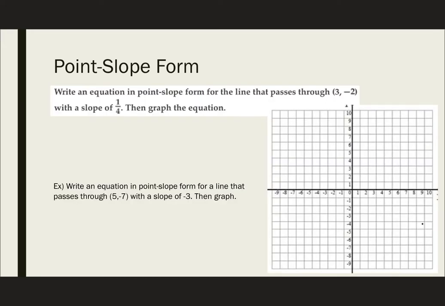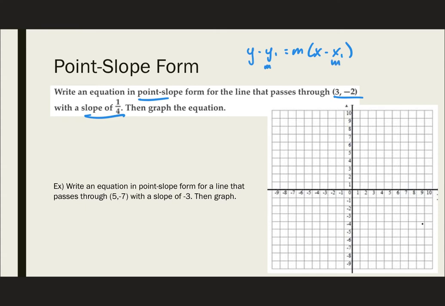Here we go. Write the equation in point-slope form for the line that passes through (3, -2) and has a slope of 1/4. So we need it in point-slope form. That's y minus y1 is equal to m times x minus x1. And I'm going to plug my point only into the x1 and y1.